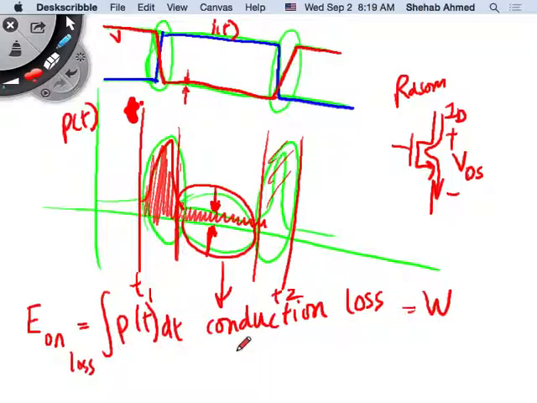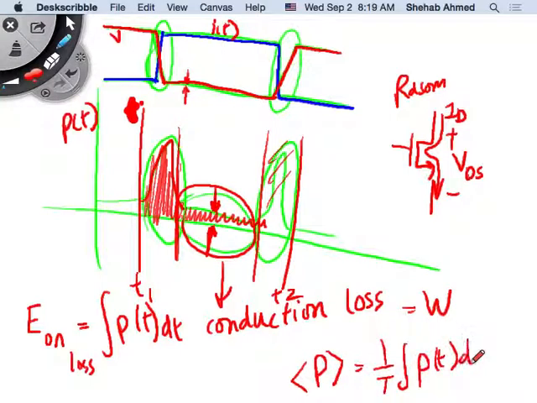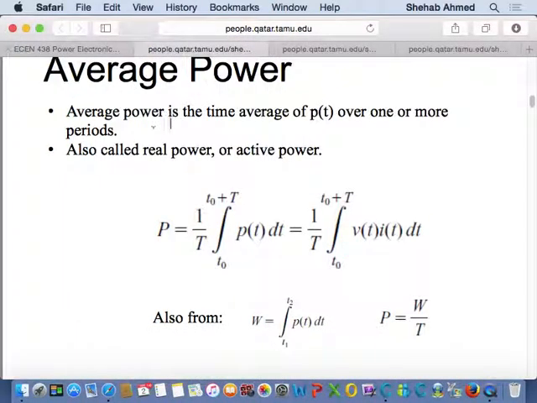So average power is 1 over the period integration of power over the period, 0 to T or T1 to T2, right? So you take whatever loss energy you've calculated and divide it by the switching period. This would be the switching period in this case. Okay? I know it's boring and simple, but we have to go through it.